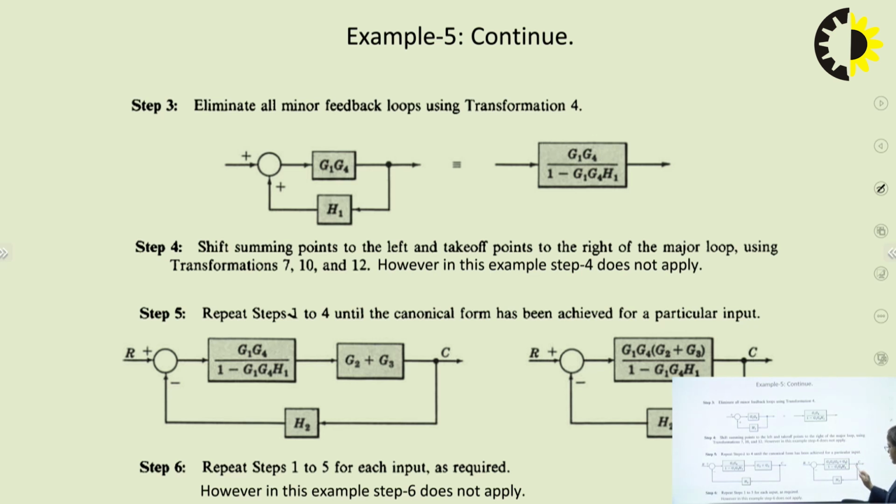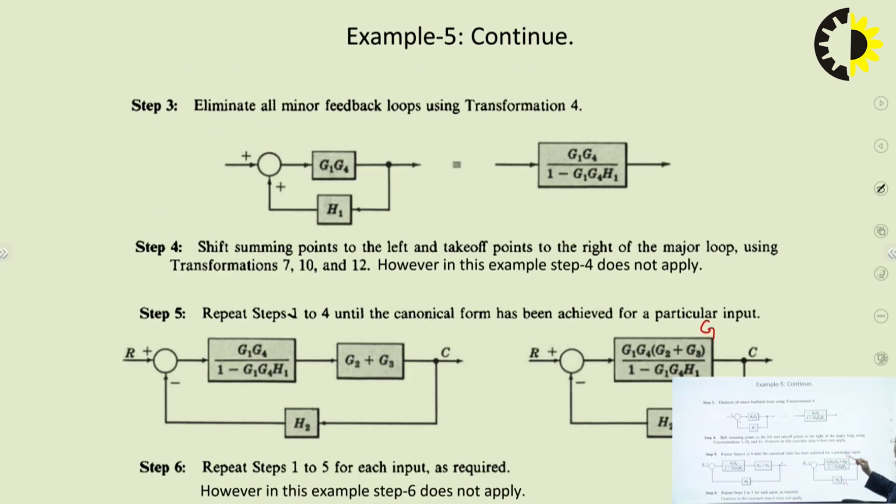And since again it will be in a feedback form where it is G and this is H, it can be replaced by G1 into G4 into G2 plus G3 upon 1 minus G1 G4 H1 plus this numerator value, that is G1 G4 into G2 plus G3 multiplied by H2.